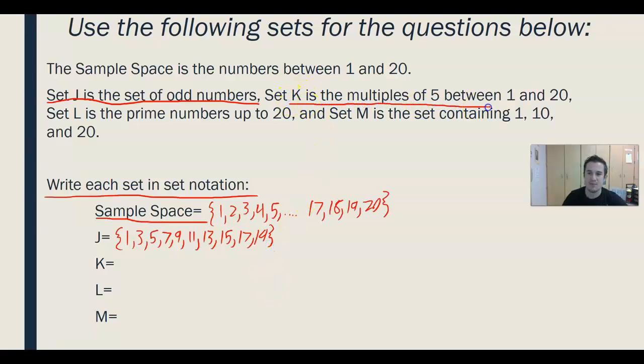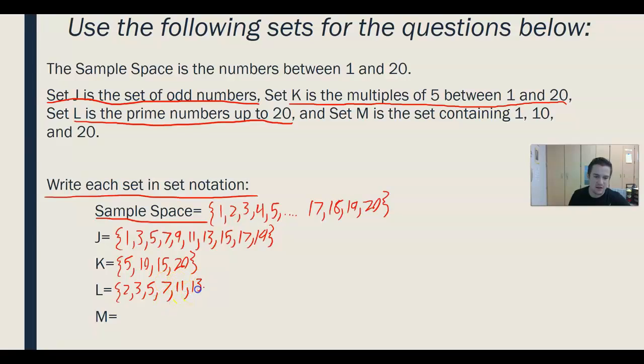Set K is the multiples of 5 between 1 and 20. Well, my multiples of 5 are 5, 10, 15, and 20. Set L is the prime numbers up to 20. Well, my prime numbers are 2, 3, 5, 7, 11, 13, 17, 19. Prime numbers are all the numbers only divisible by 1 and itself.